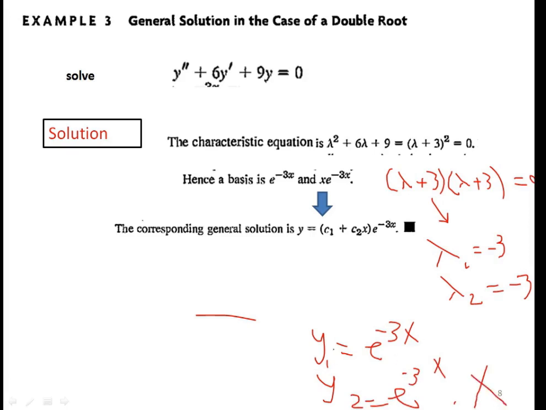Because I have the same lambda, lambda 1 equal to lambda 2, I multiply y1 by x to get y2. Now the general solution will be y equal to (c1 plus c2 x) multiplied by e to the power minus 3x.